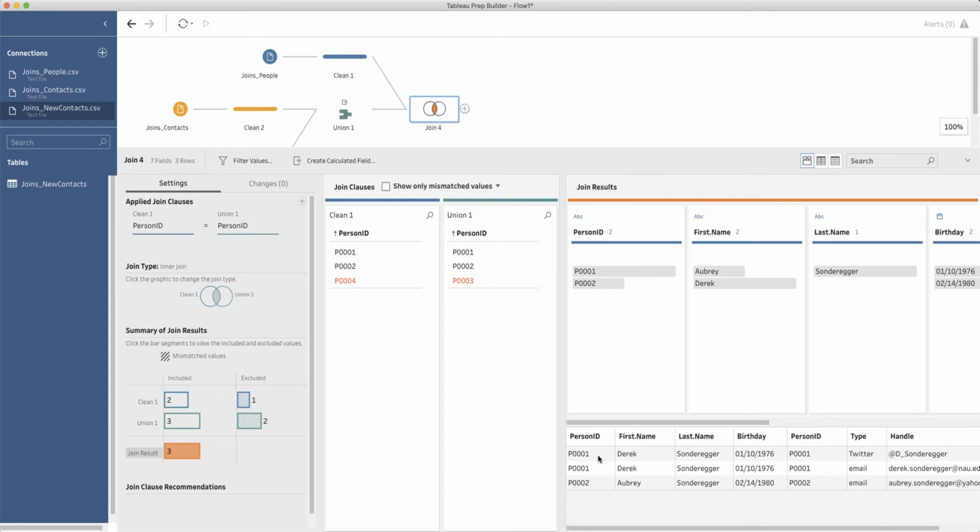So what I've got is information for person 1, I've got his Twitter account and his email, that's me actually, and likewise I've got my wife and her email account as well.